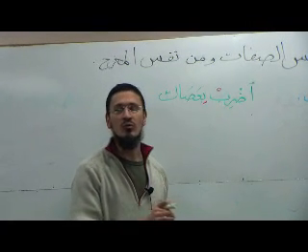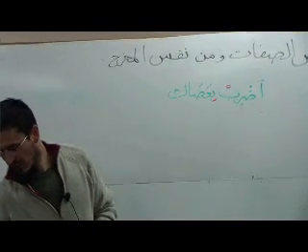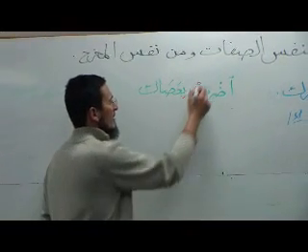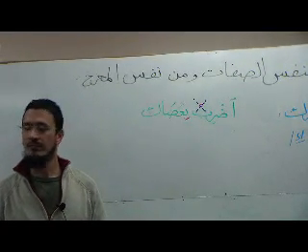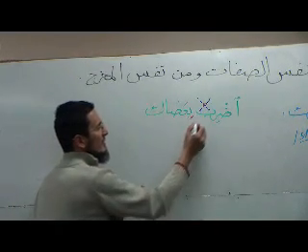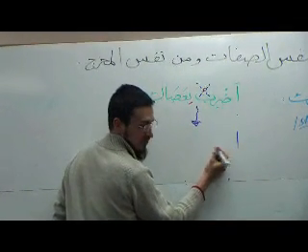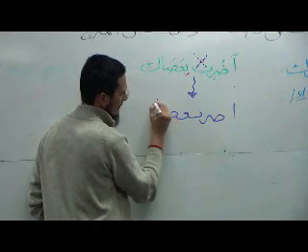I don't actually do qalqala in here. What do I do? If you look at Mus'haf al-Madina, you'll see that this is not there. You're not going to see any movement on this. Why? Because it will eventually become, yes, of course, a shadda, but it's not going to be written. اضرب بعصاك.